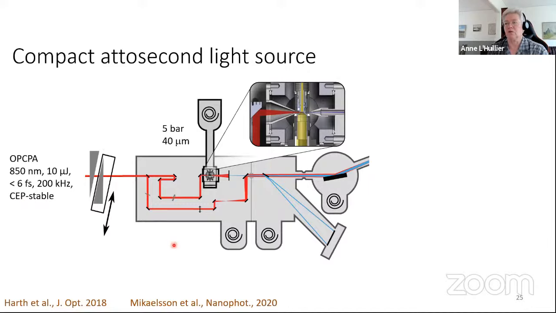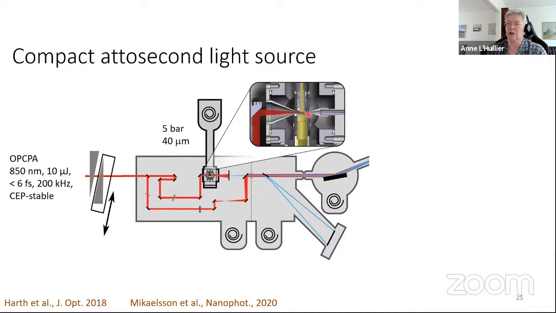This is a scheme of the setup. We have very tight focusing in this experiment, and we use a system of gas jet and catcher here in order to have a high pressure in the interaction region.